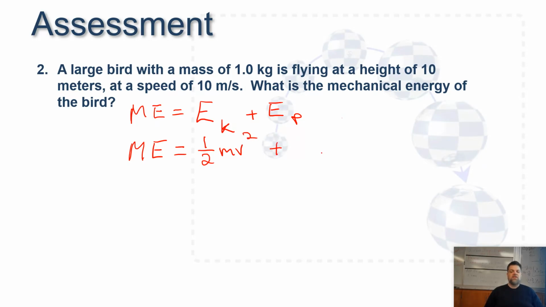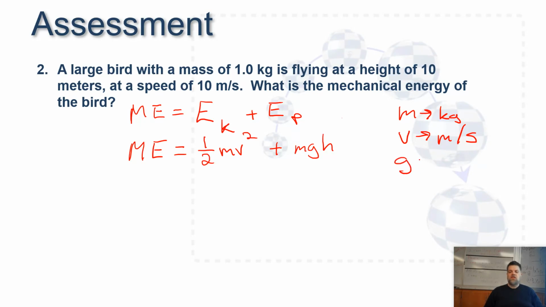Anybody remember potential energy due to gravity? That's the mass times the acceleration due to gravity times the height. Now remember, your mass has to be in kilograms. This burned a few folks on the last test. Your velocity has to be in meters per second, which is confusing because sometimes people see the M and forget that's for meters, but M also means mass.